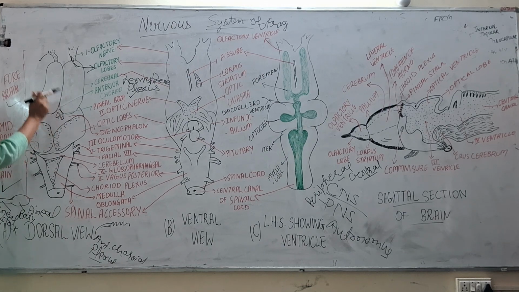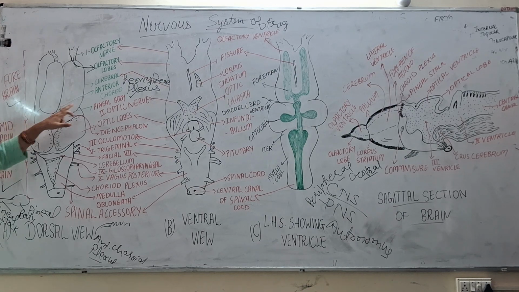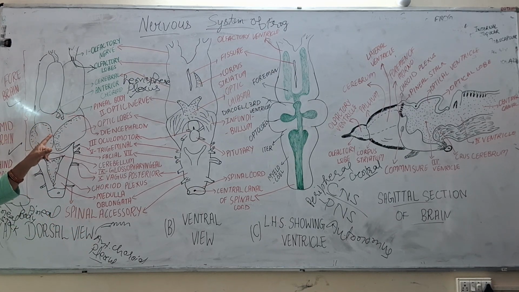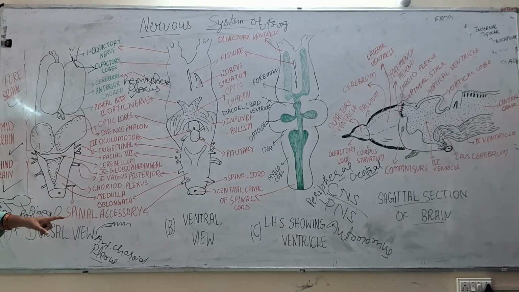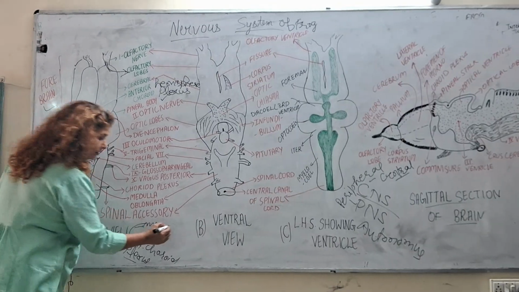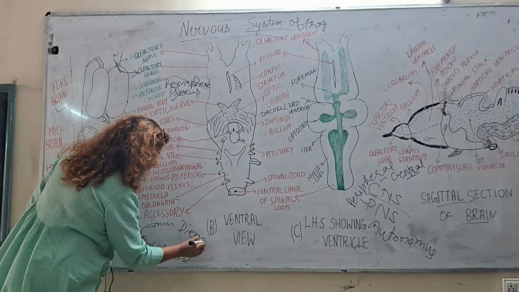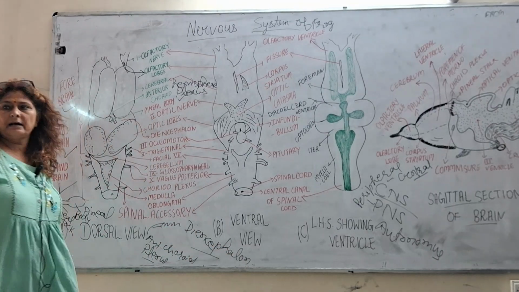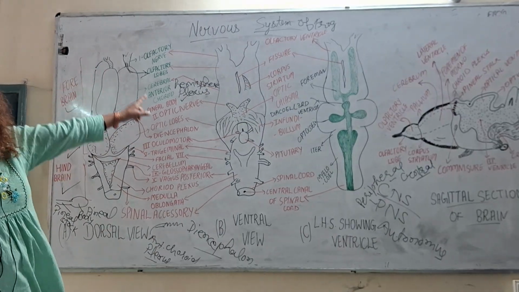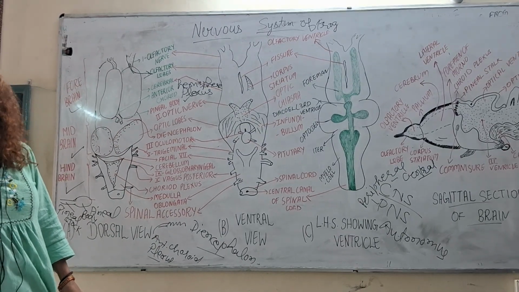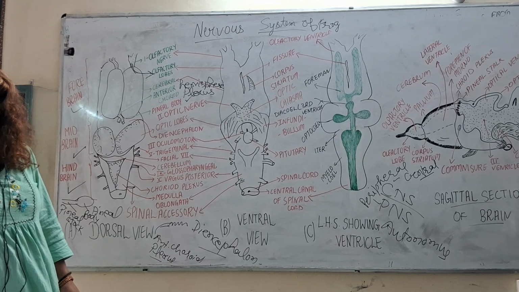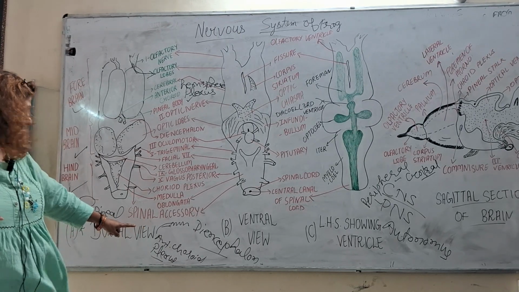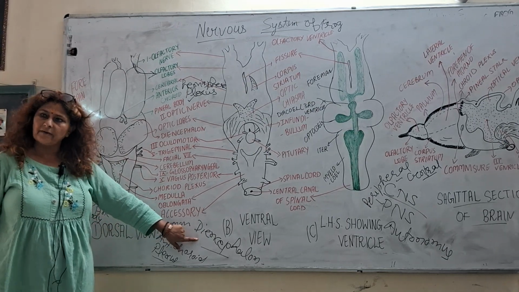On this portion, after the cerebral hemisphere, first is the anterior choroid plexus, then the pineal stalk is present. This part is called diencephalon. What was the first part of the forebrain called? Olfactory lobe, second is cerebral hemisphere, and third part is called diencephalon.